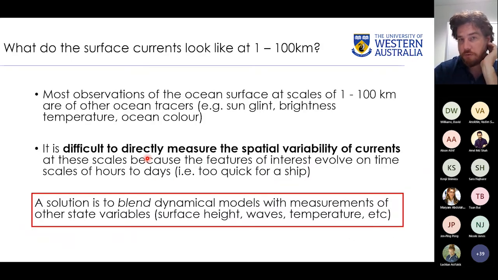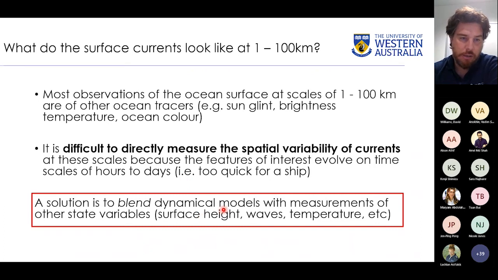So everything I've shown you up to this point are not surface currents. These are observations of other tracers, so sunglint, brightness temperature, ocean colour. And so the question is, what do the surface currents actually look like? The problem is it's extremely difficult to measure the spatial variability of currents at these finer scales, and part of the reason for that is because at the finer scales, processes evolve on timescales of hours to days, so they evolve too quickly to drive a ship back and forward across them to measure well.